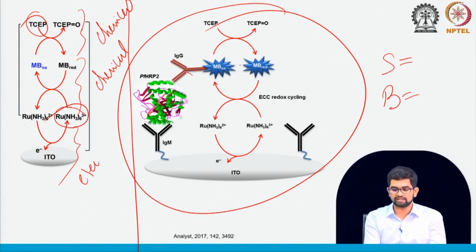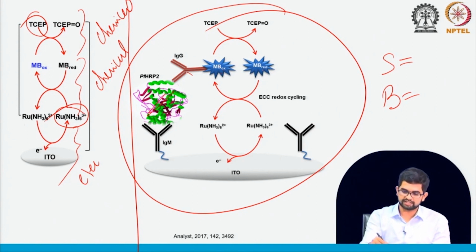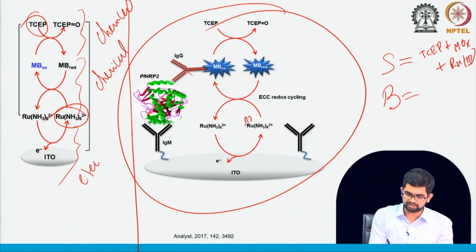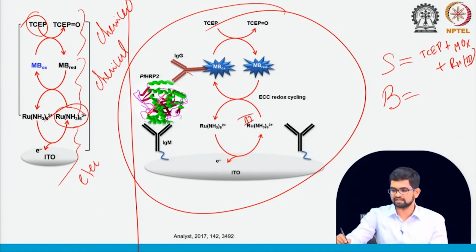So, let us remove it for the background case, but for the signal case let us keep it. If methylene blue ox is there, then it will react with the T-shape, then this one will react with ruthenium hexamine 3 plus, and it will form the 2 plus. So, this is T-shape plus methylene blue ox plus ruthenium 3. I am writing ruthenium 3 because this one is ruthenium hexamine 3 plus.